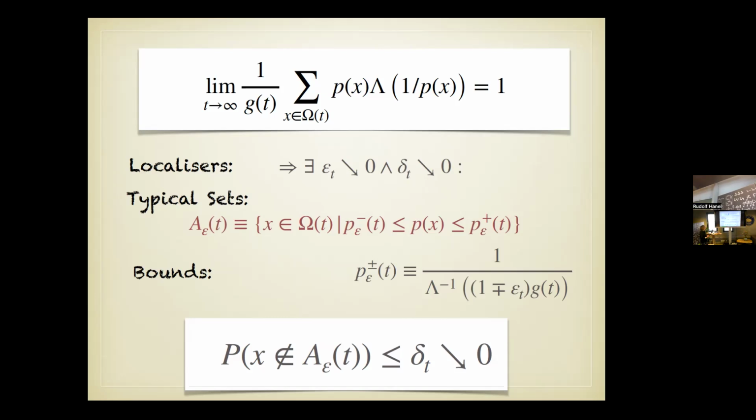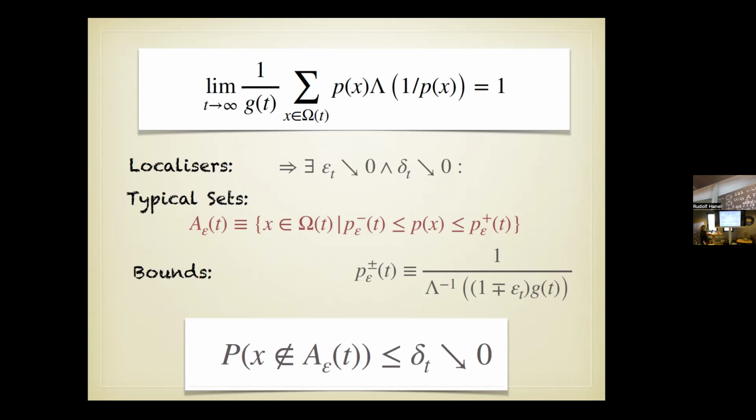So two functions need to exist, a function epsilon and delta, as we call them here, which both go monotonically to 0 from above.